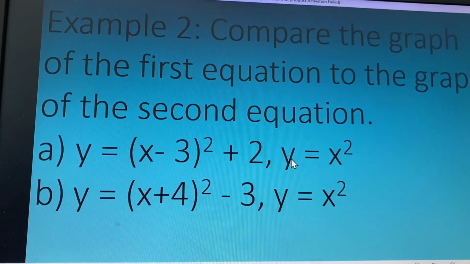Another quadratic function, y equals x squared, is the parent function. And letter B, y equals (x plus 4) squared minus 3, and y equals x squared. So let us observe the graph.